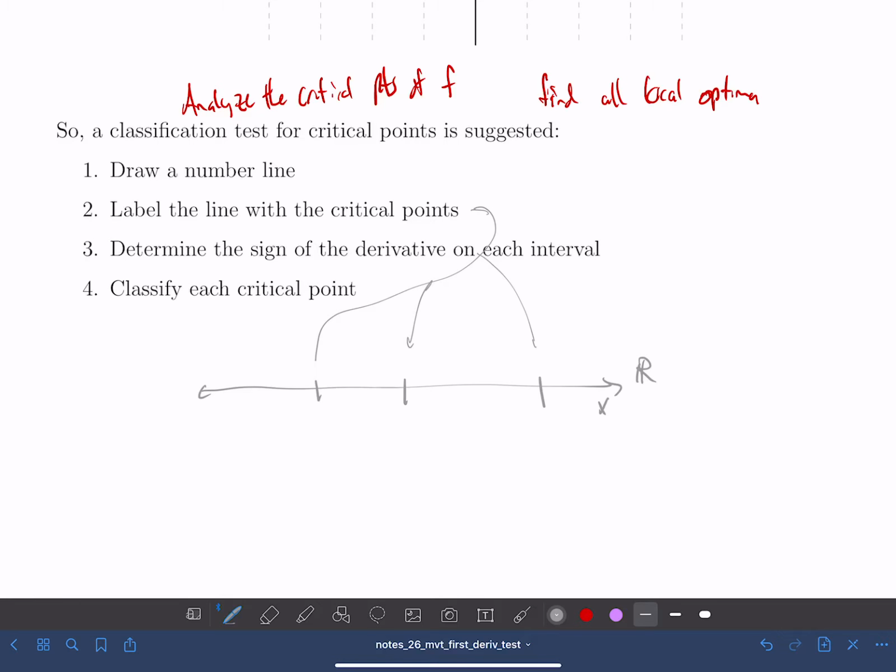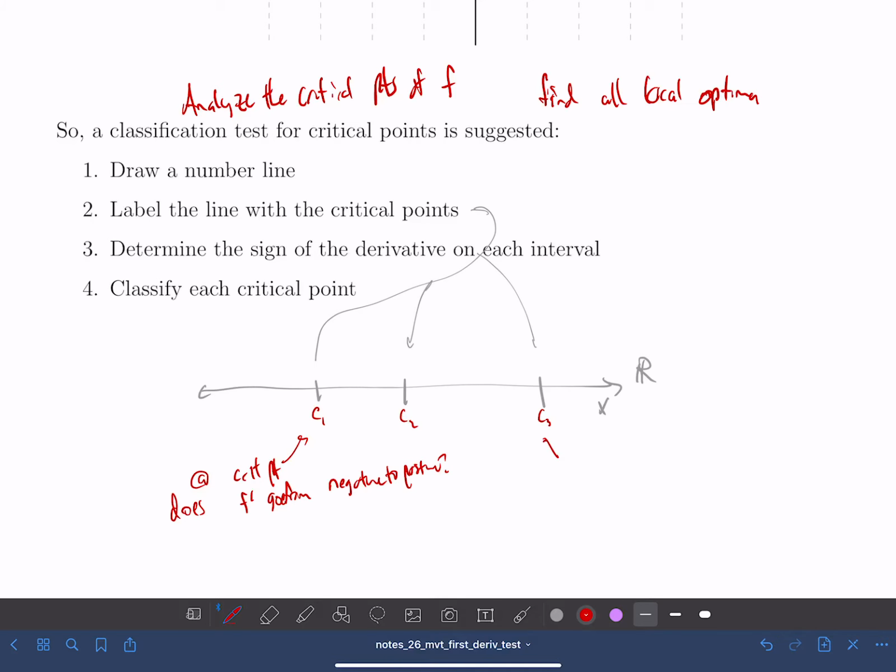And then I need to know the sign of the derivative on each interval, so that I can use the first derivative test and classify. So critical point 1, critical point 2, critical point 3. I need to know at the critical point, does f prime go from negative to positive?